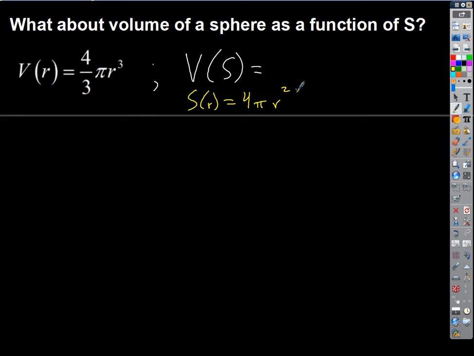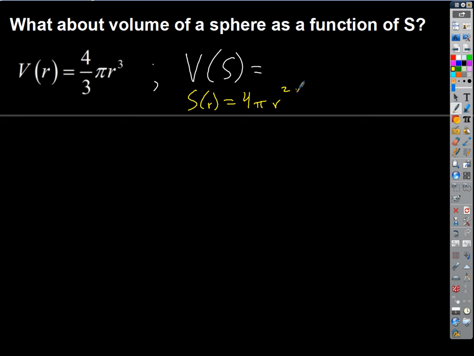So if I know that the surface area S is equal to 4 pi r squared, does anybody see a way that I could merge this information algebraically and come up with a new model, V of S instead of V of R? What do you mean, multiply?